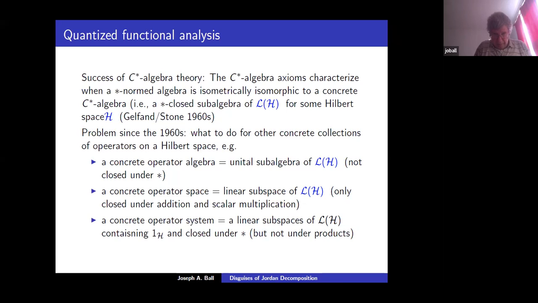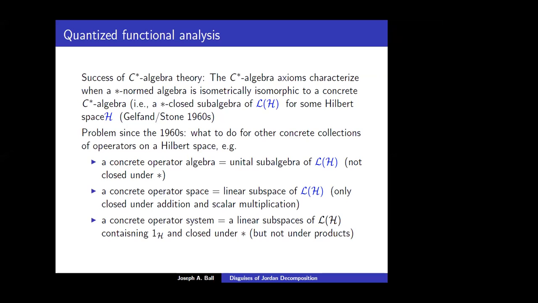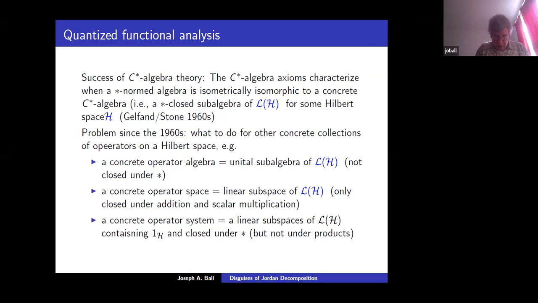Then if you have a Banach star algebra with the norm satisfying these axioms, then one could show it's isometrically isomorphic to a concrete C star algebra, which was mentioned earlier, a star closed subalgebra of L of H for some Hilbert space H. So it's operators on a Hilbert space. Then people wanted to do this without the star. So there's cases without a star. Suppose it's a unital subalgebra of L of H, but it's not closed under the star.